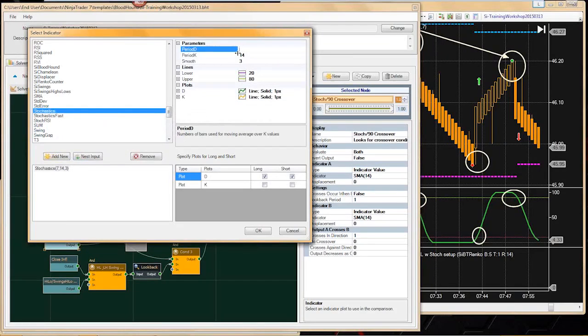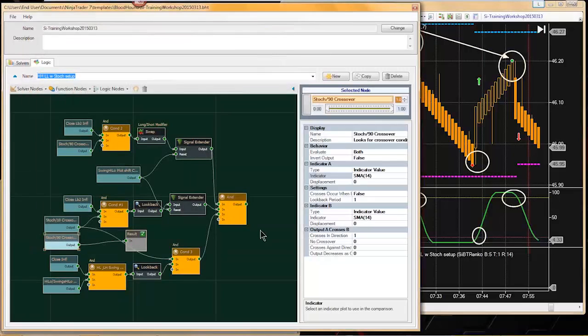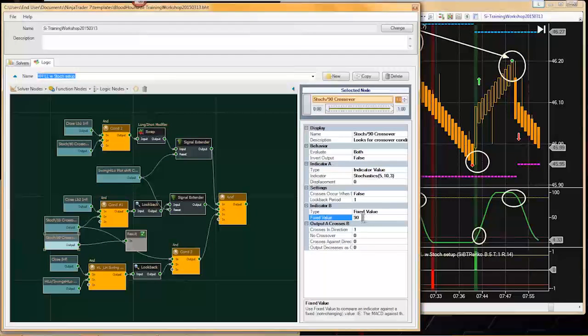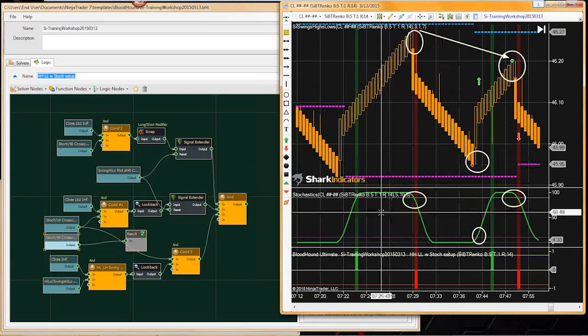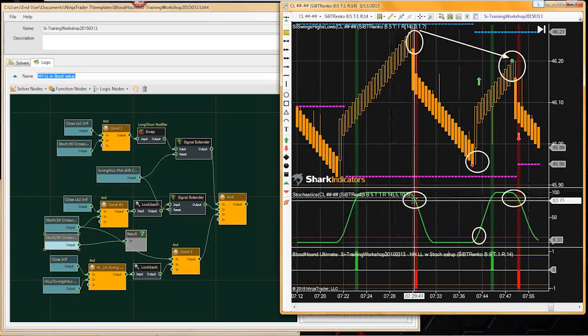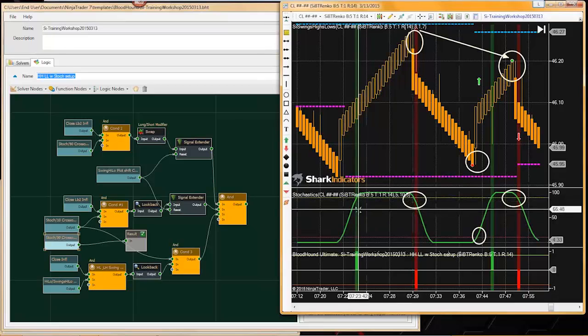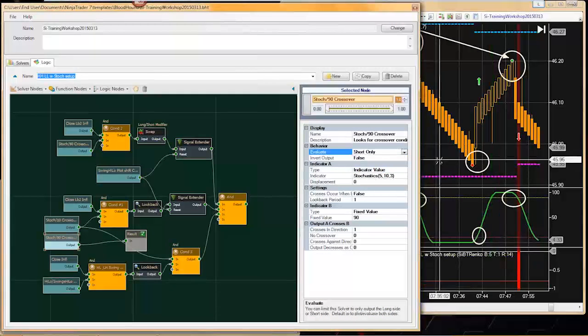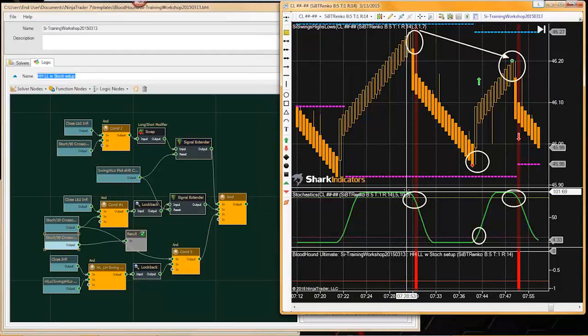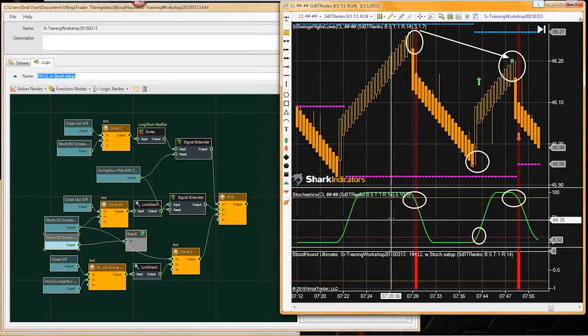All right. And let's set our indicator B to a fixed value of 90, like so. All right, and we're only interested when the stochastic crosses down below 90. So let's eliminate when it crosses above that 90. So we're only interested in the shorts when the stochastic crosses below 90 for the short.